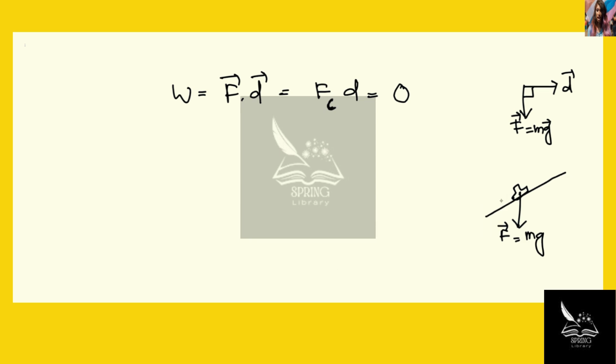So the direction of displacement will be like this or like this. But the important thing is now the displacement is not perpendicular to force. This is some acute angle, or if you want to consider this, this is going to be an obtuse angle. So the displacement is not perpendicular to the acting force anymore.